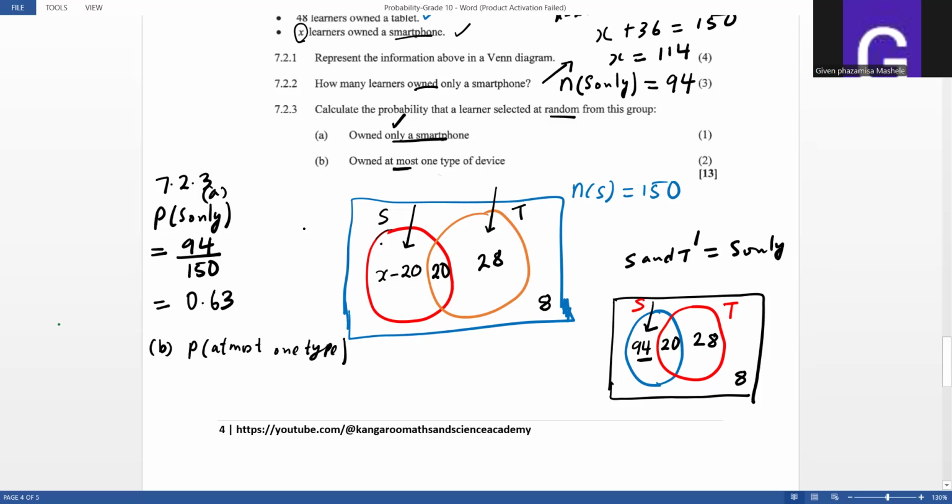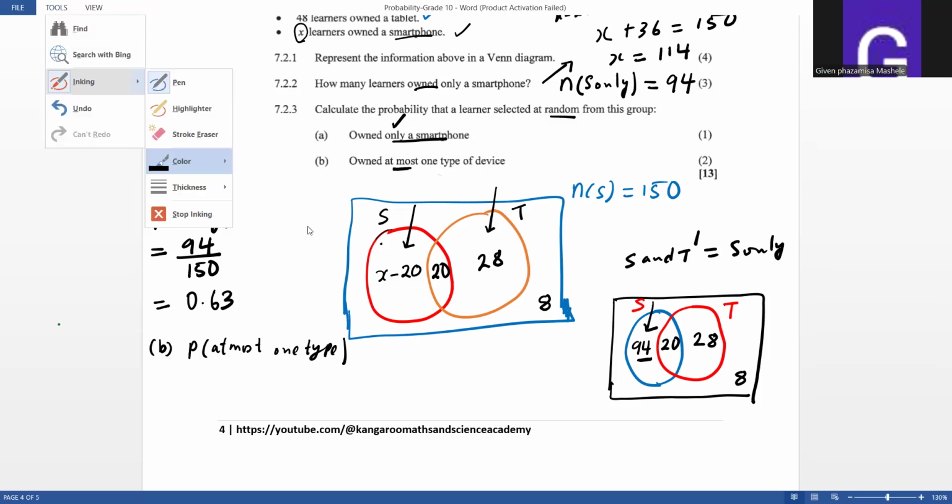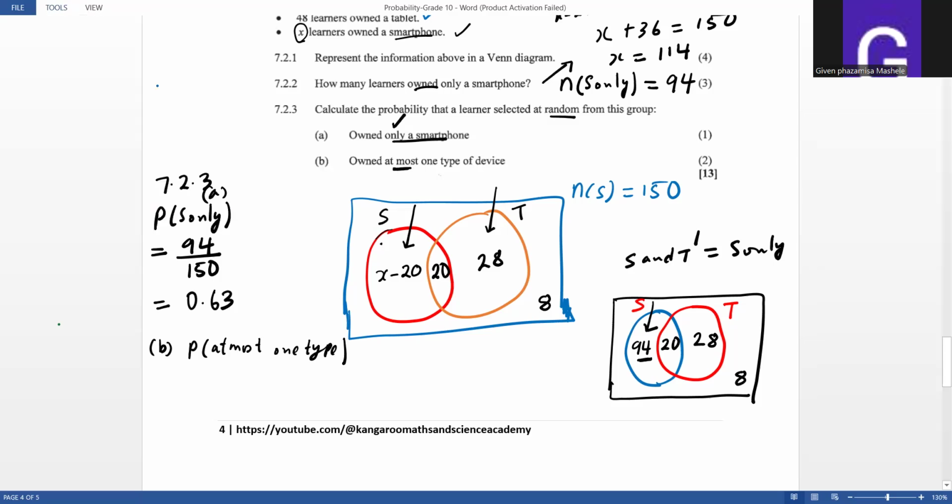Guys, it's very important to be able to understand words like at most and at least. So let me explain something very important here. Here they're saying at most, and we also have at least.